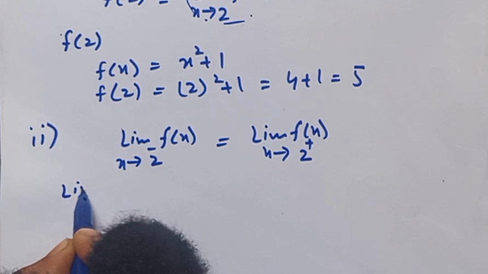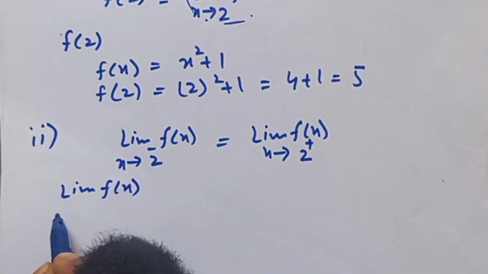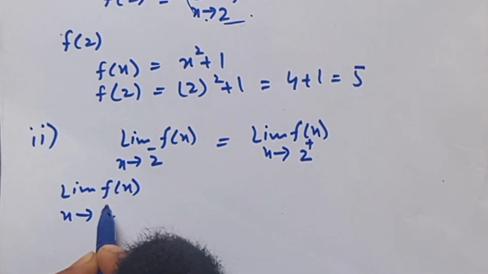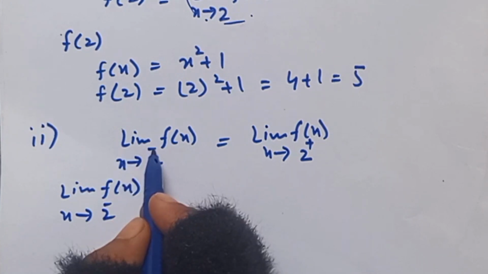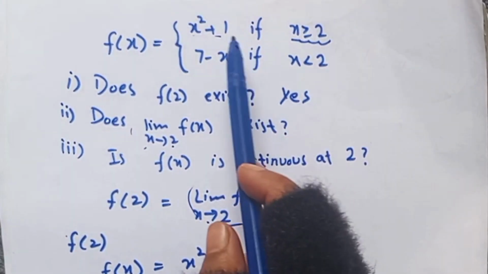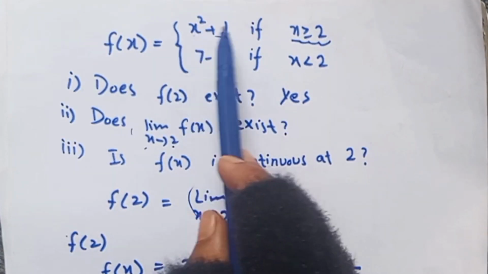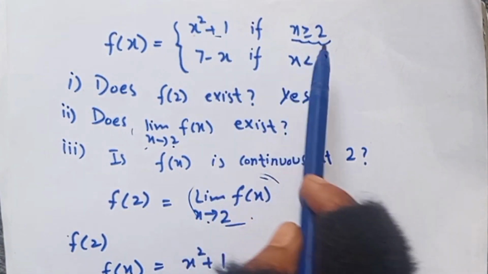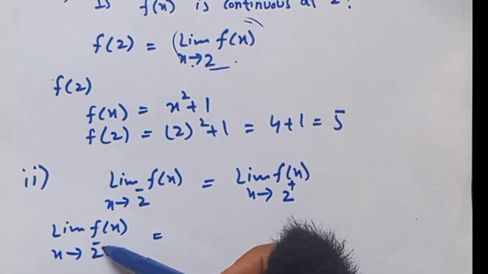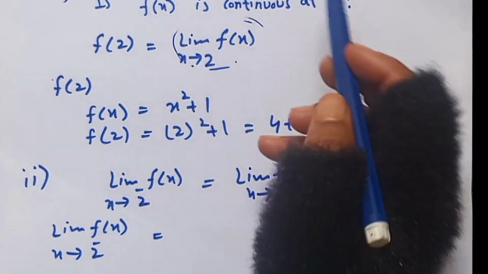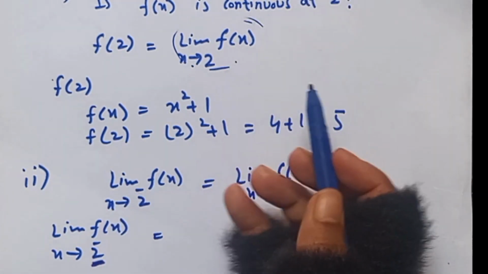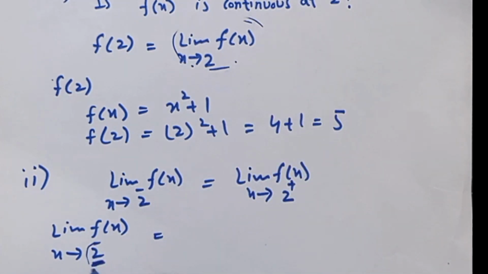This is the limit of f of x as x approaches 2. The symbol we use for the left hand side is minus. Our function is piecewise, so we have two parts of this function. And for the left hand side, we use the function for which x is less than 2, the number of our question.